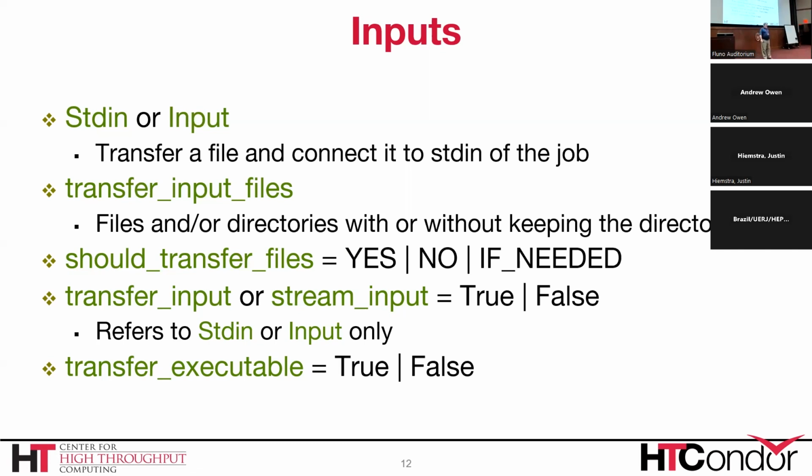There's also a special case for whether or not you want to transfer the file you mention as standard in, and whether or not you want to transfer the executable. The defaults for these generally do the right thing.